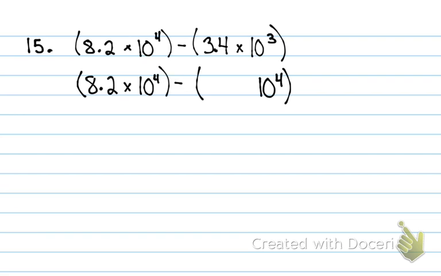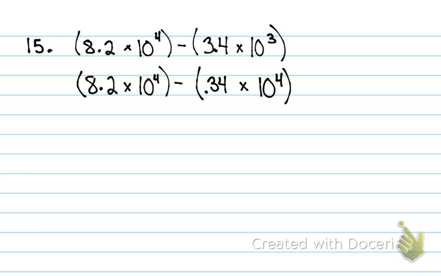Okay. So Maya, when I raise the exponent to a 4 on the second one, okay, I'm calling on her. What would happen to my decimal value? Decimal to the left. Very good. How many times? 1 time. And you would get 0.34 times 10 to the 4th power.